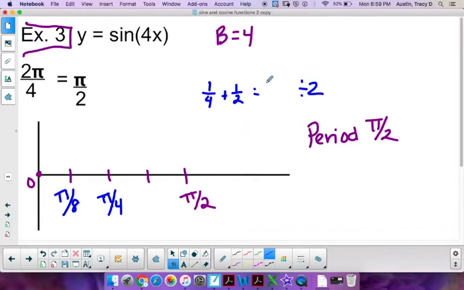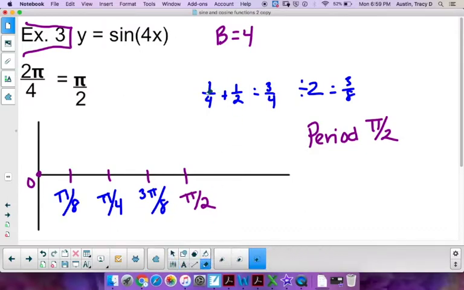Well, 1/4 plus 1/2 is 3/4. 3/4 divided by 2 is 3/8. So that's 3 pi over 8. But all you're doing literally is just taking half every single time. Half between the first and the last, and halfway for each of the middles. Sort of like doing quartiles back in probability and statistics.